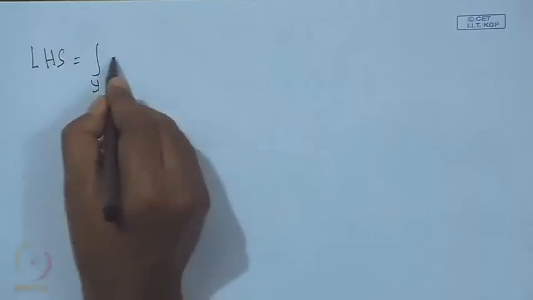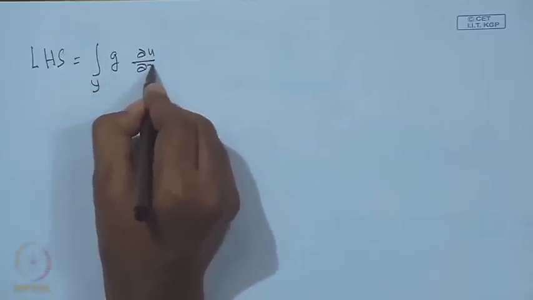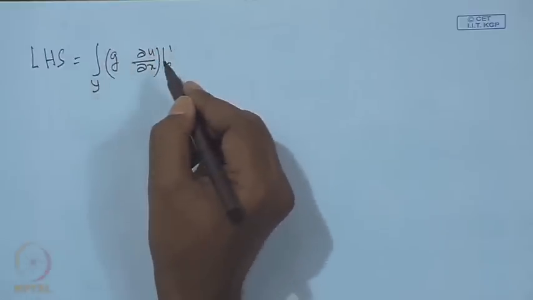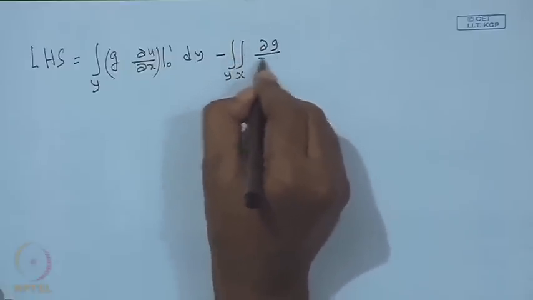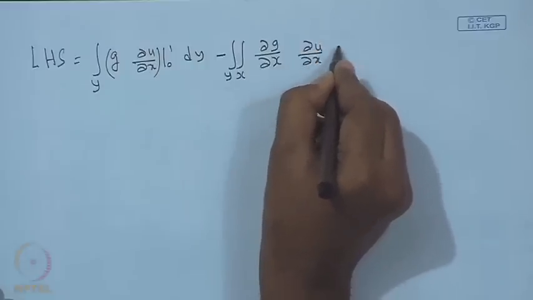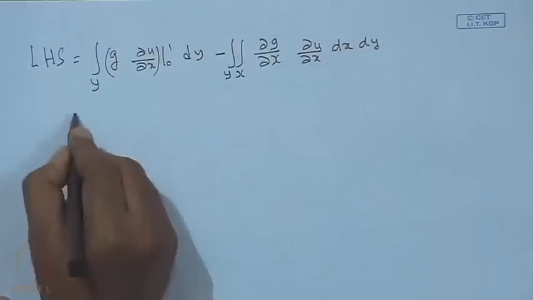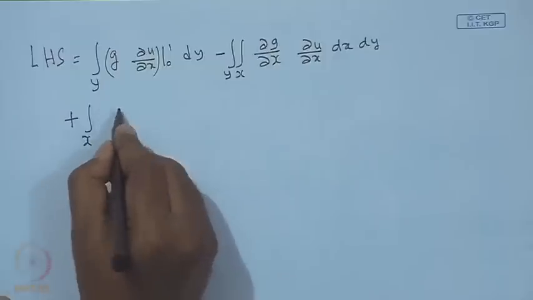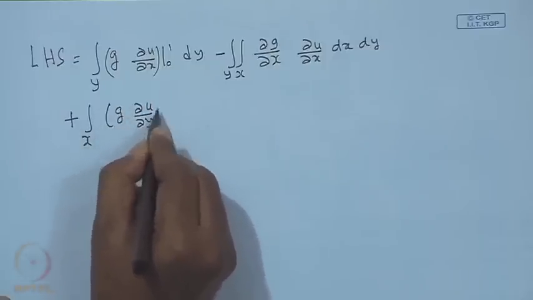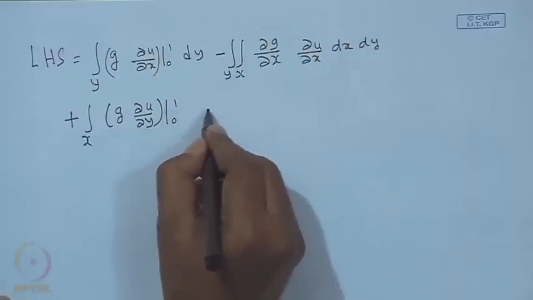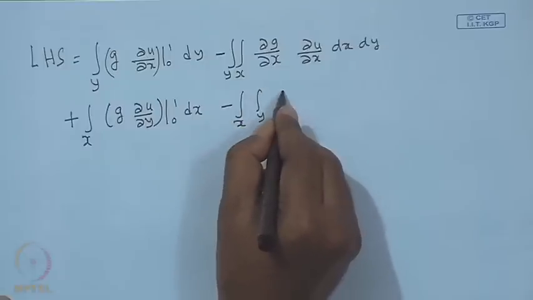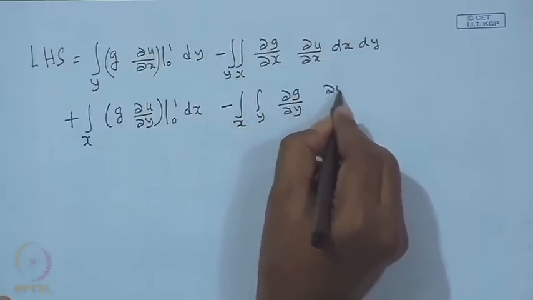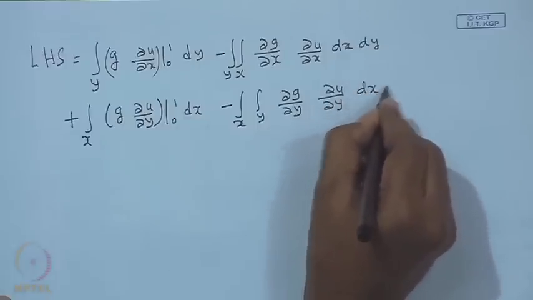So, left hand side is equal to integral over y of g del u del x from 0 to 1, this is a whole term, times dy, minus double integral of del g del x del u del x dx dy, plus integral over x of g del u del y from 0 to 1 dx, then minus double integral over x over y of del g del y del u del y dx dy.